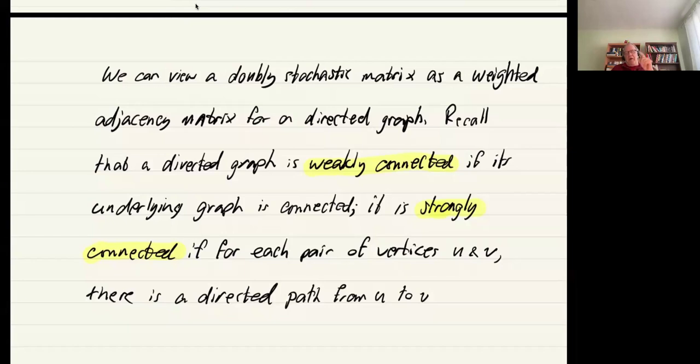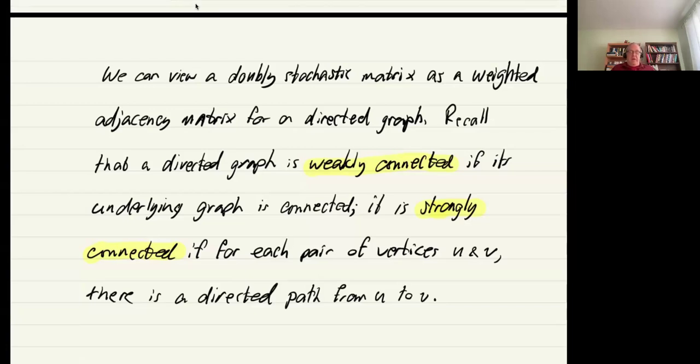It is strongly connected if for each pair of vertices U and V, there's a directed path from U to V, and there will also be a directed path from V to U. So that's strong components.